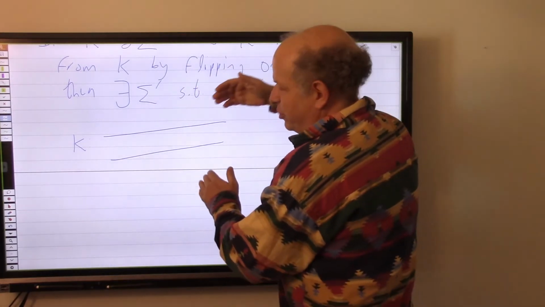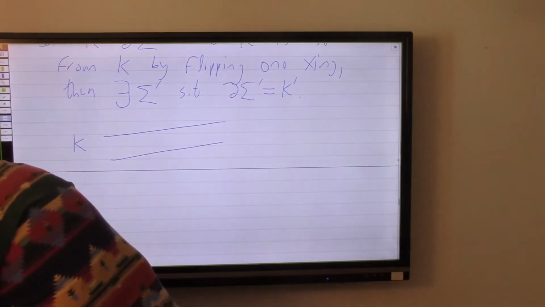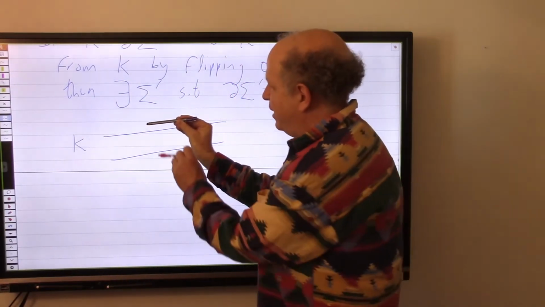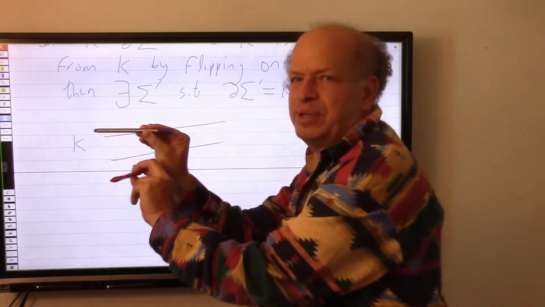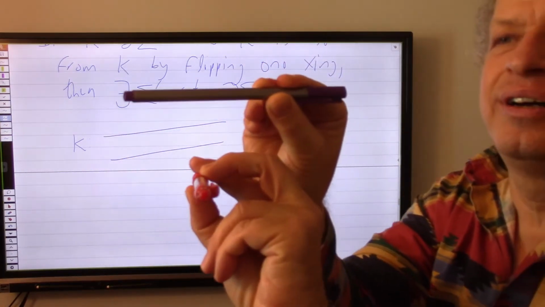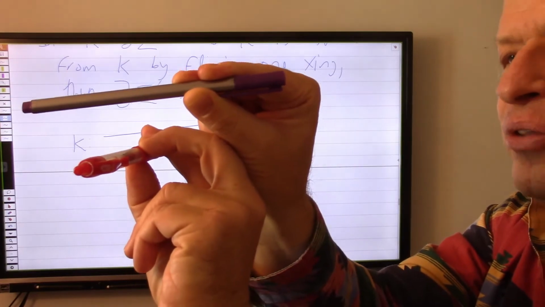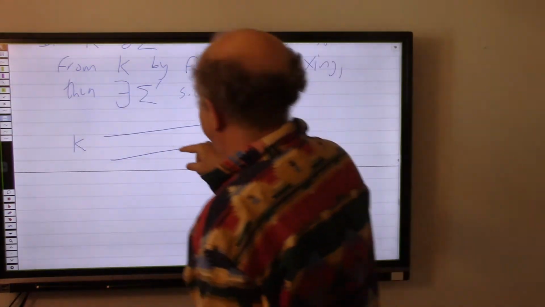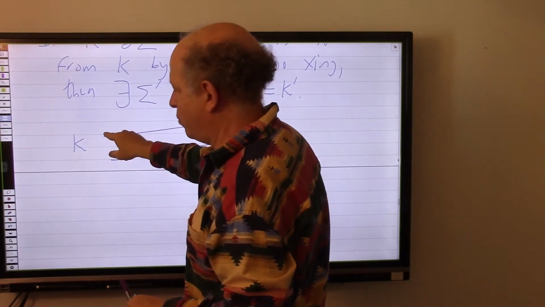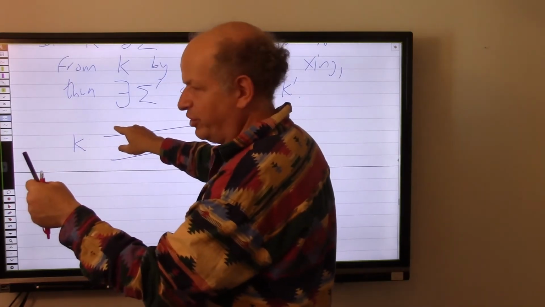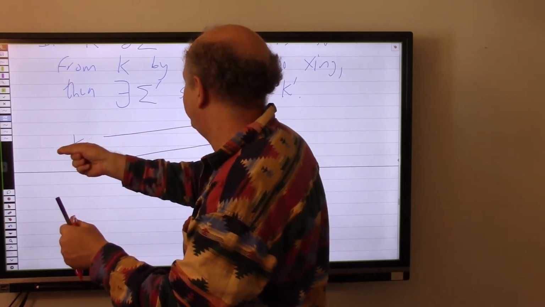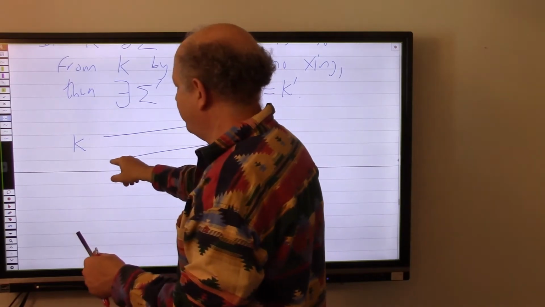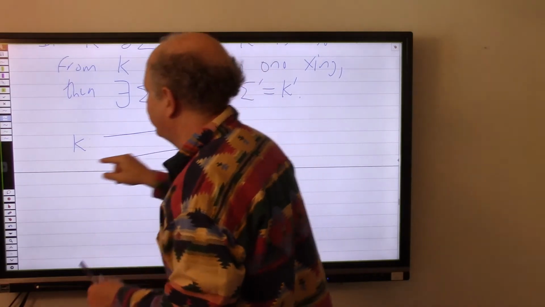So you really should be thinking of these two strands as if one is going this way and the other one is going that way. Let me bring it closer to the camera. They're both diagonal. So this one is going from the front of the screen to behind the screen, and this one is going from behind the screen to the front of the screen.